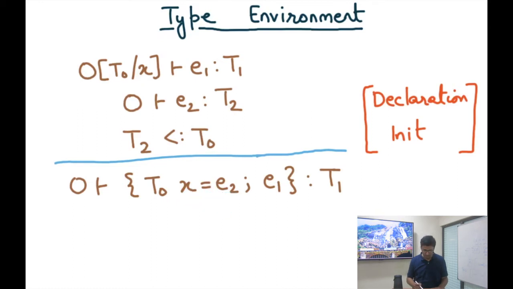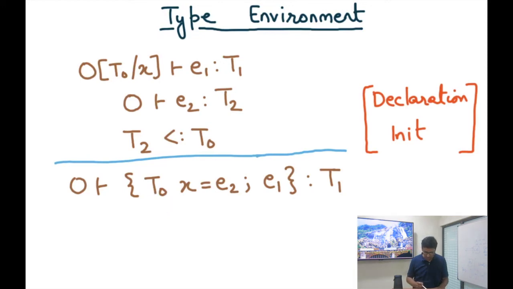And so the rule says that for this to type check correctly, it must be true that E2 has type T2 and T2 is a subtype of T0. This is exactly the same logic that we had for the assignment operator. This is just assignment as part of a declaration. And so it must be true that the type of E2 is a subtype of type T0. Only then would such an assignment be legal, type legal.